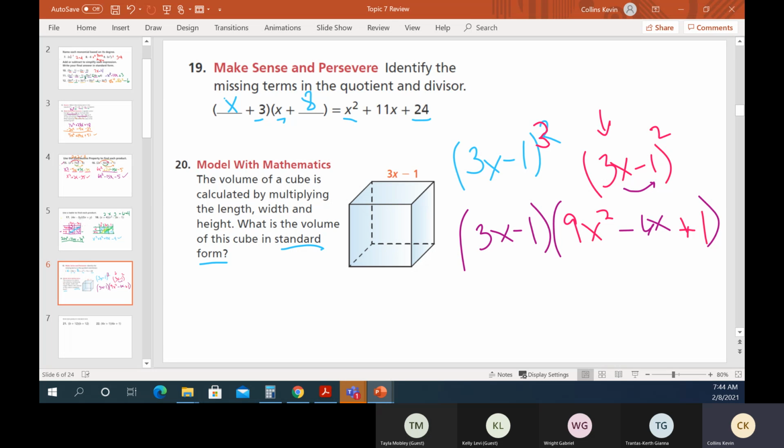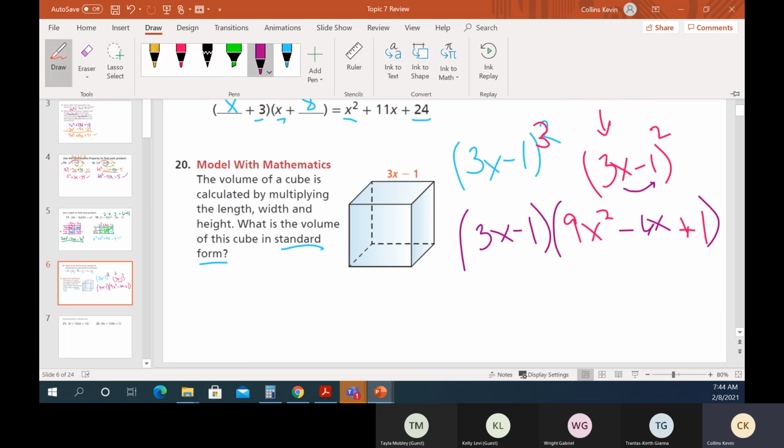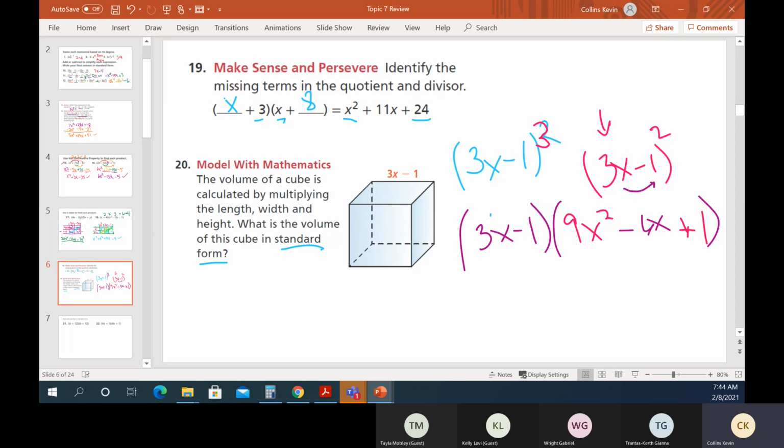Okay. So I'm not going to do the box thing this time. Let's just go ahead and do sort of mega distributive property here. See how that works out for us. All right, so I'm going to start with the top ones here. I'm going to say 3x times 9x squared. So 3 times 9 is 27. x to the first, x to the second is x to the third. Fabulous.